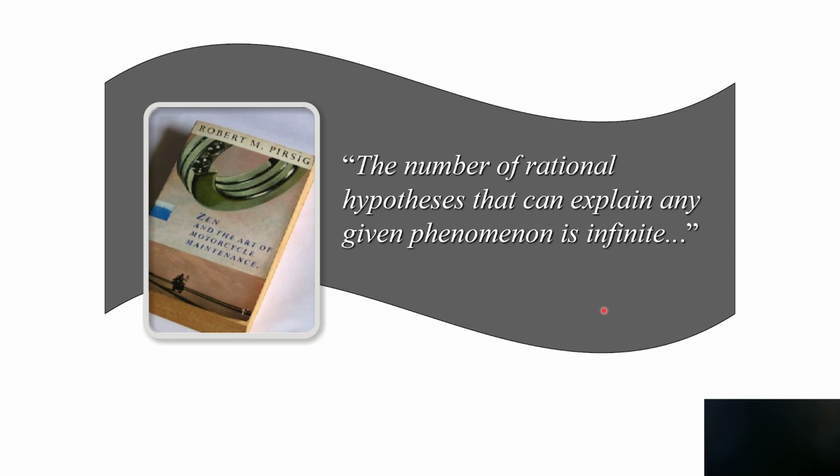Well, maybe it's because of CO2. Maybe it's because of CO2 and sulfur dioxide. Maybe it's because of just sulfur dioxide. Maybe it's because of CO2, sulfur dioxide, and an increasing number of sunspots on the sun. There's all sorts of things you could do, basically being that the number of rational hypotheses that can explain any given phenomenon is infinite.